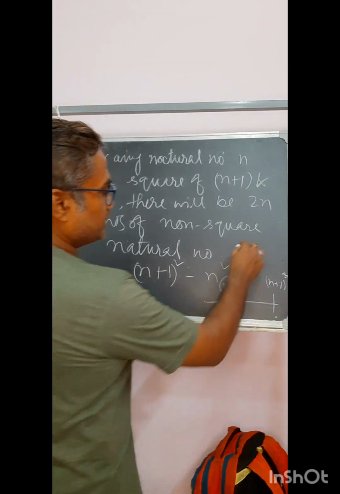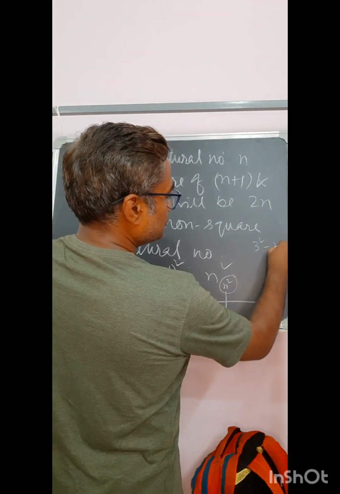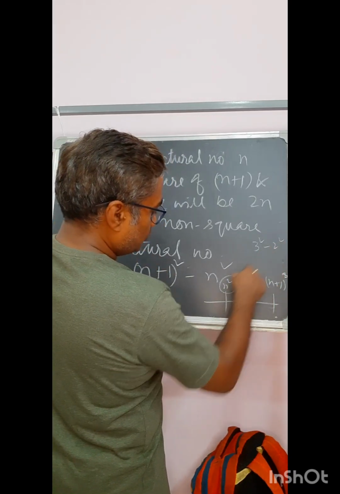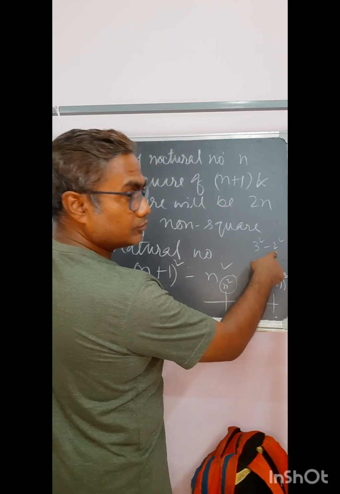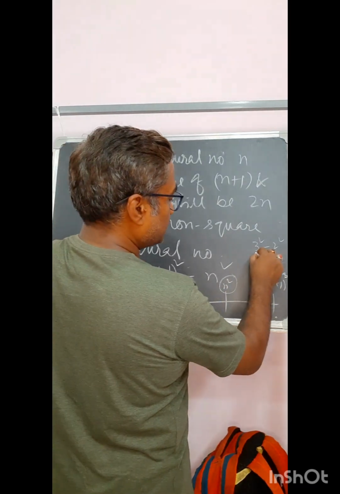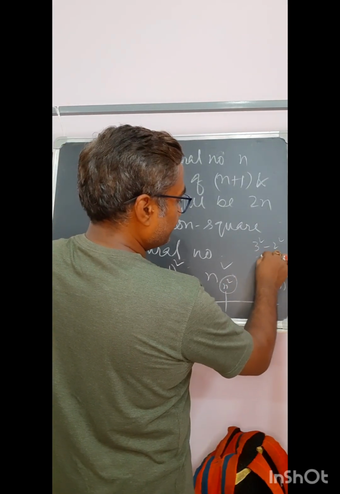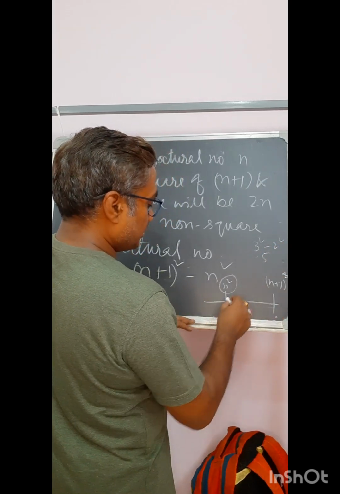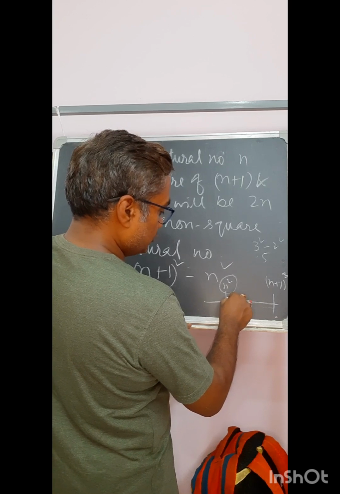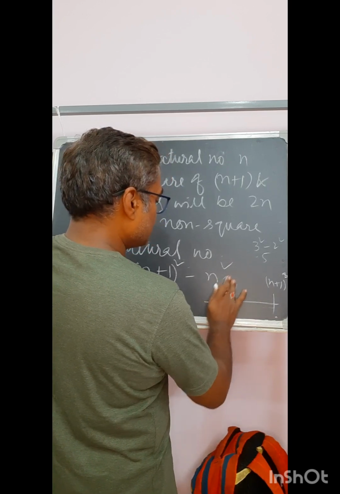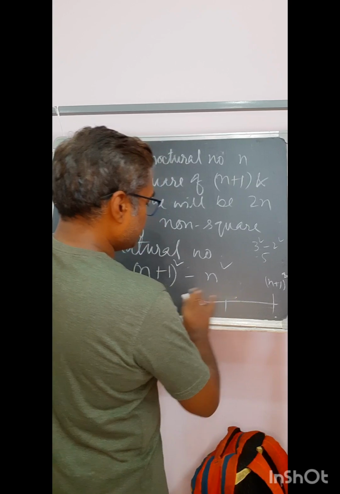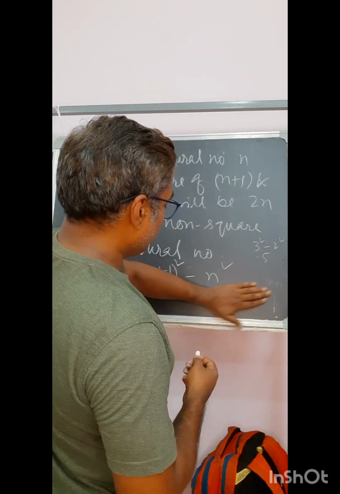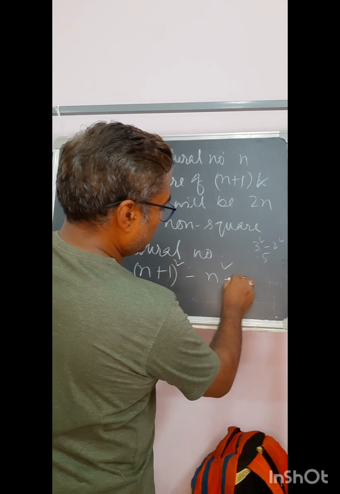Because if I say 3 square minus 2 square, this will include 2 square, not leaving 2 square. So 3 square minus 2 square, the result will be 5. So I am including 2 square in the calculation, but my range says it should not touch even n square. So then I have to minus 1 further from this.